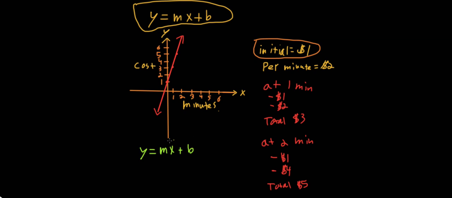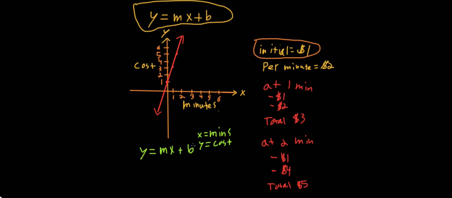This right here is a relationship represented by two variables. x in this case is our minutes, and y is our cost. x and y can represent anything, but in this case x and y are minutes versus costs.